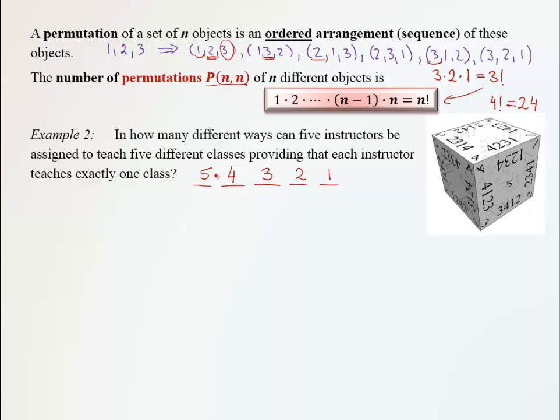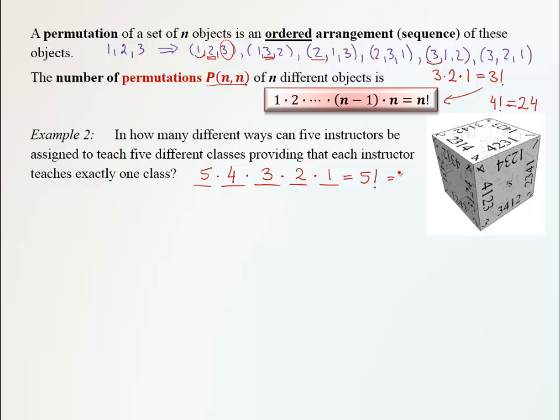And from the fundamental principle of counting, we need to multiply those ways. So altogether, we end up with 5 factorial. This is the same as arranging 5 teachers in a sequence of length 5. How many sequences of length 5 would it be?